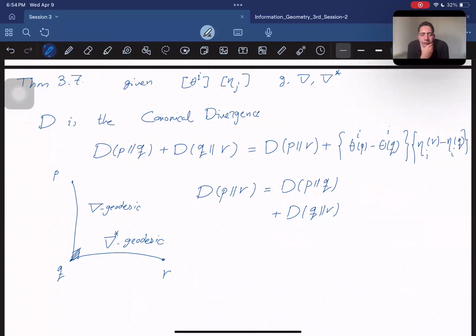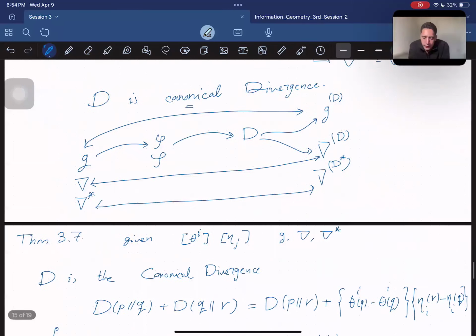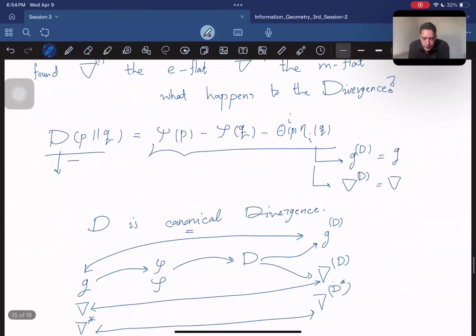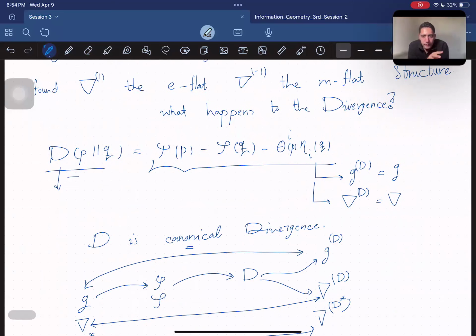How? If you define the divergence between two distributions with respect to these two functions, these functions are not special. The special thing is the two dually flat coordinate system that helps us to define the divergence like this.